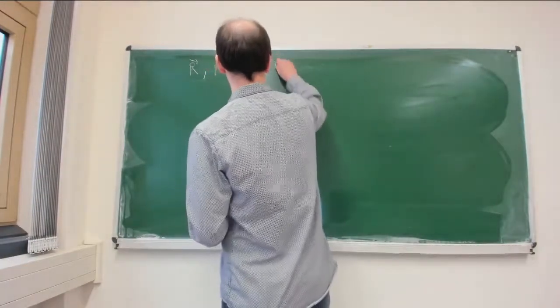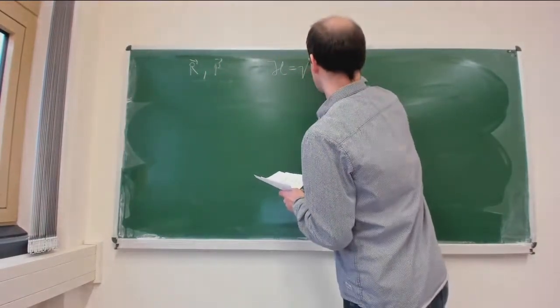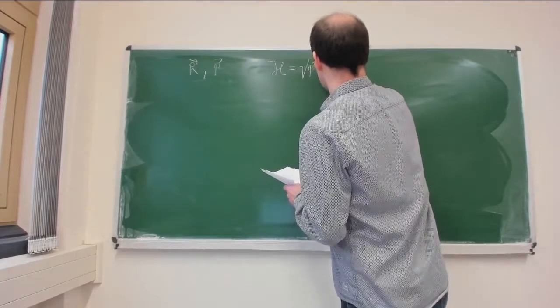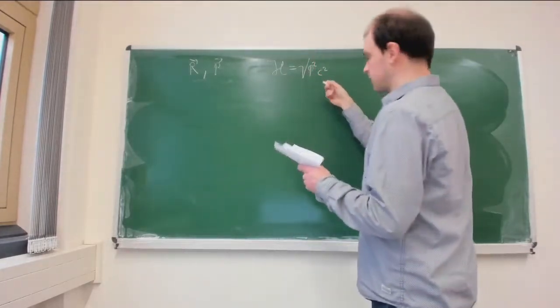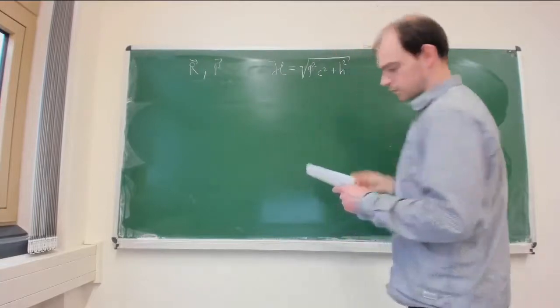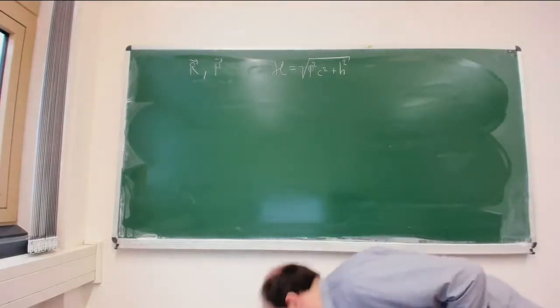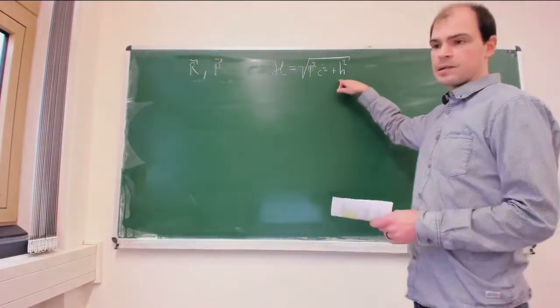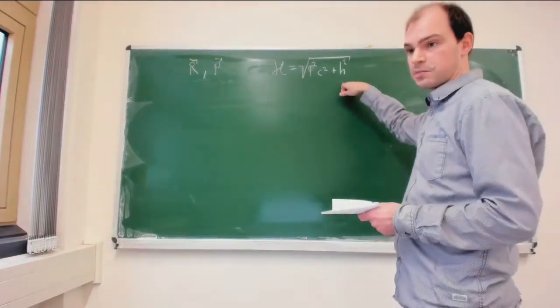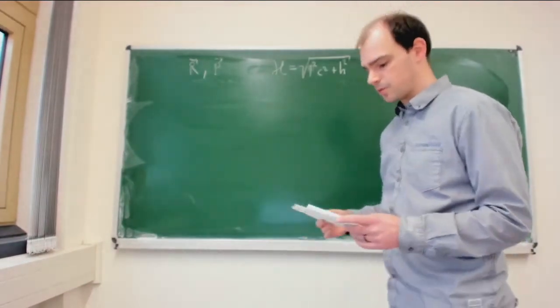So in particular, this means that our H generator is supposed to be the square root of the total momentum squared c squared plus the internal energy squared. Remember that this h squared must now also contain the rest mass energy, so the m squared c to the fourth term.